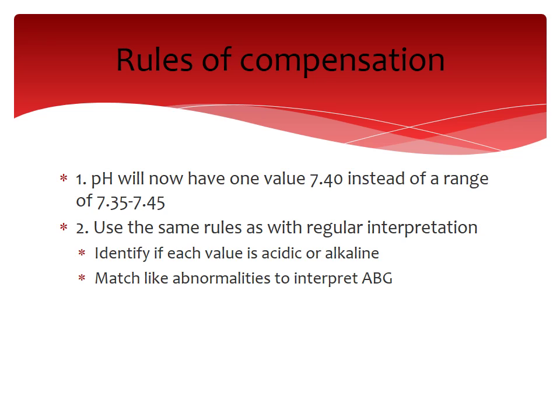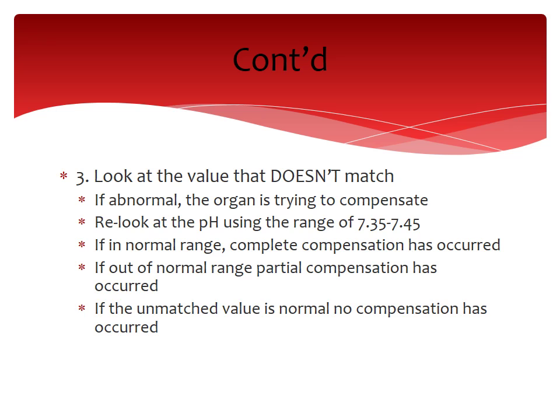We'll match like abnormalities to interpret the ABG, knowing that now our 7.4 is going to be our perfect number. If it's less than 7.4, but it's 7.35 to 7.4, we'll have an acidotic number. If it's 7.4 to 7.45, we'll have an alkalotic number. Look at the value that doesn't match.